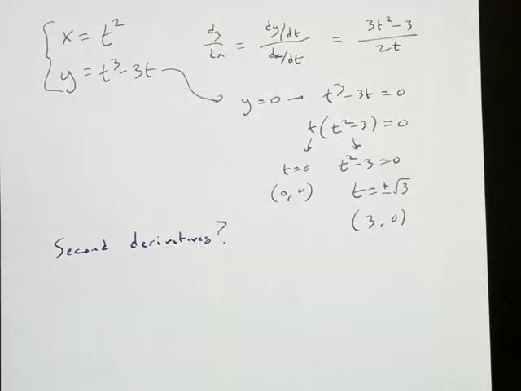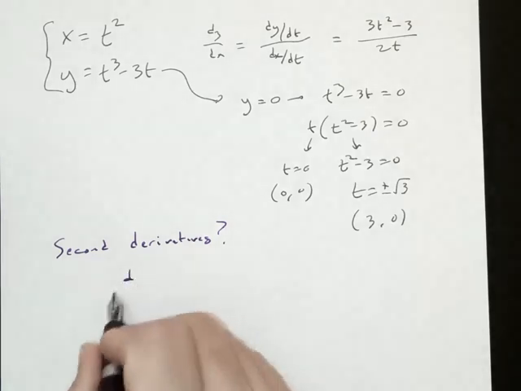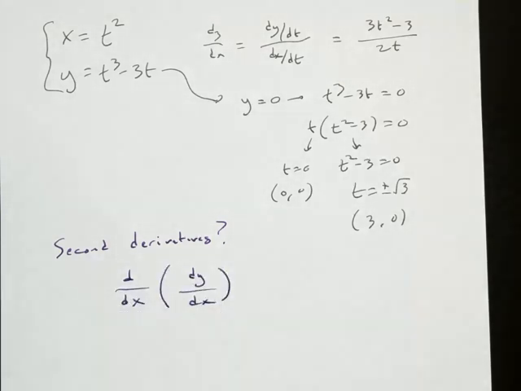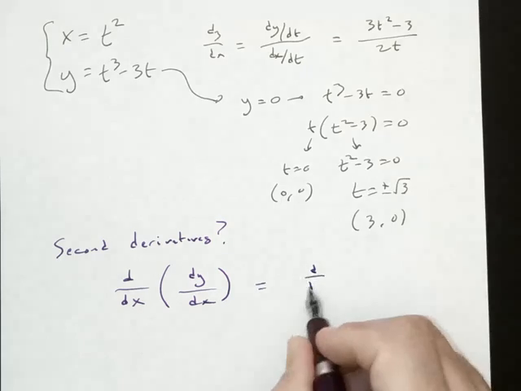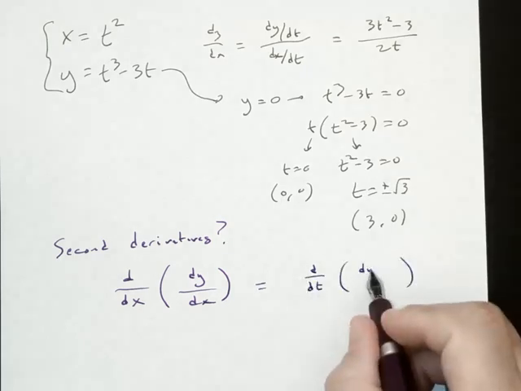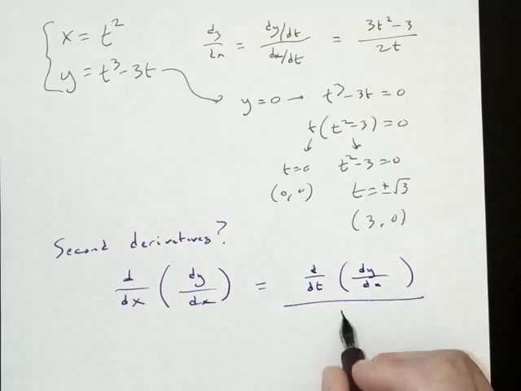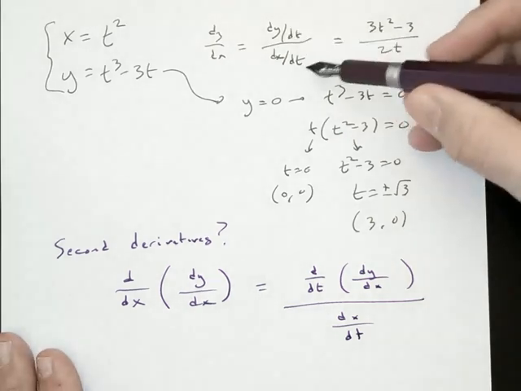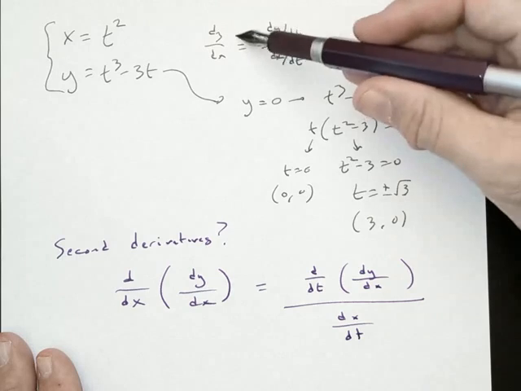Well, that's actually another application of the chain rule, because what I want is the derivative with respect to x of the first derivative. But when I'm doing a derivative with respect to x, I'm not just doing it with respect to x, I'm doing it with respect to t. So what I need to do is take the derivative in t of this thing and divide it by dx/dt. Just like I took the derivative dy/dt and divided by dx/dt because I was taking the derivative of y.